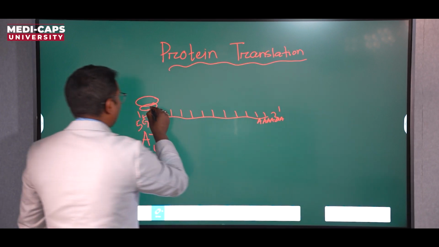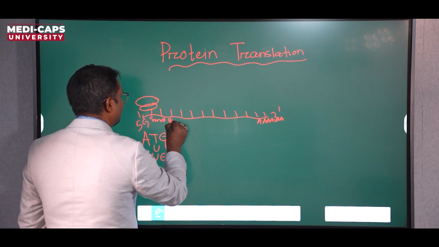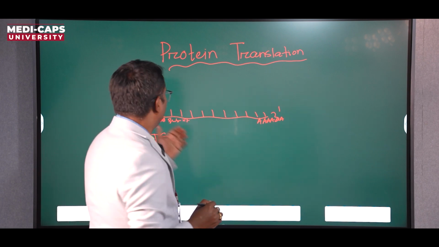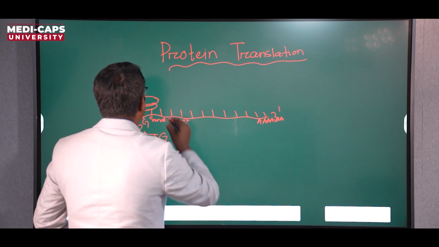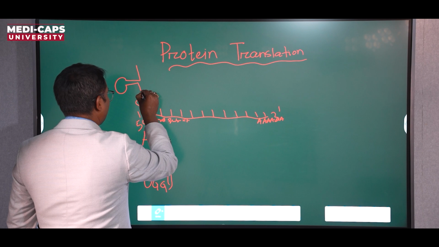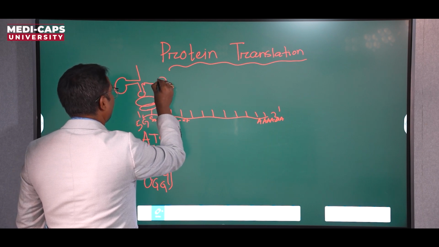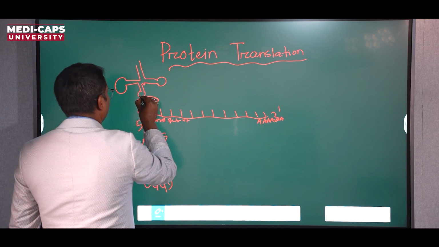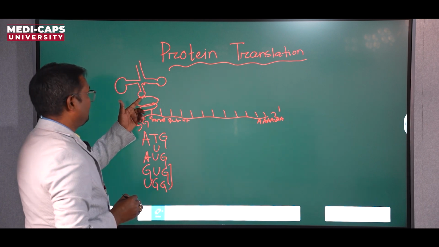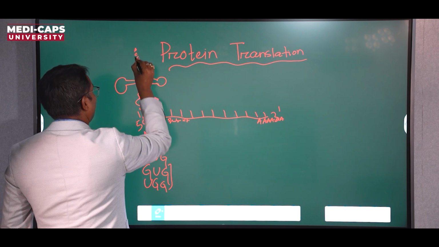So what will happen? In the ribosome, the small subunit will attach with the mRNA, then it will recruit the tRNA. The tRNA, as I mentioned, contains the anticodon here in the anticodon loop and a CCA tail.